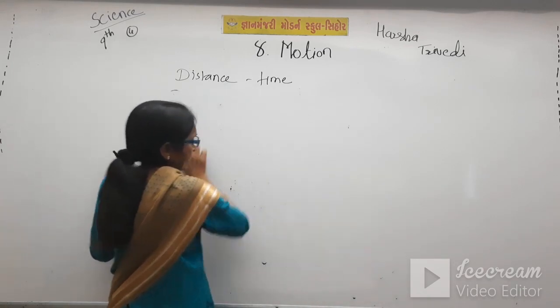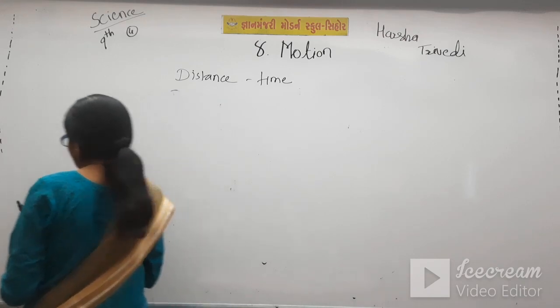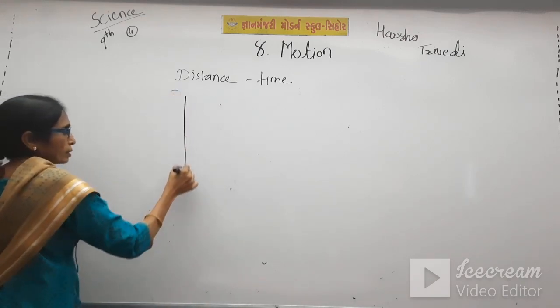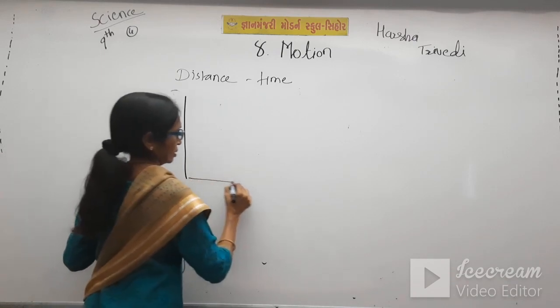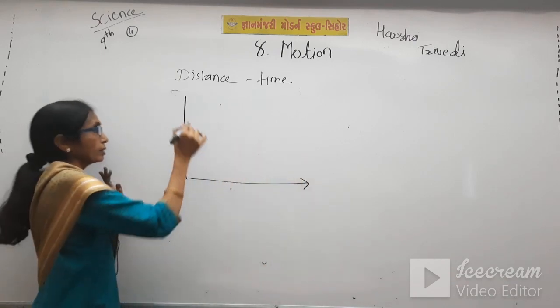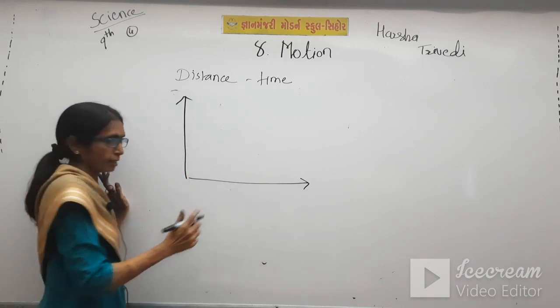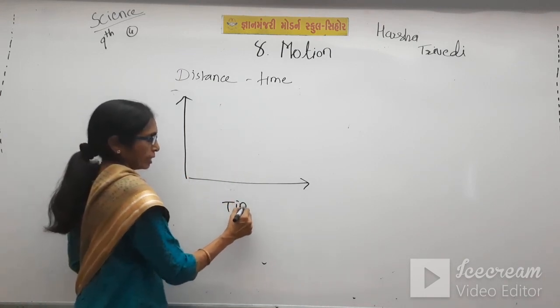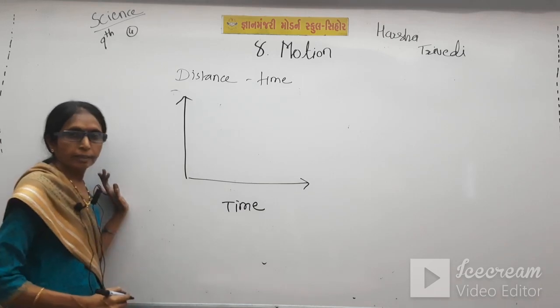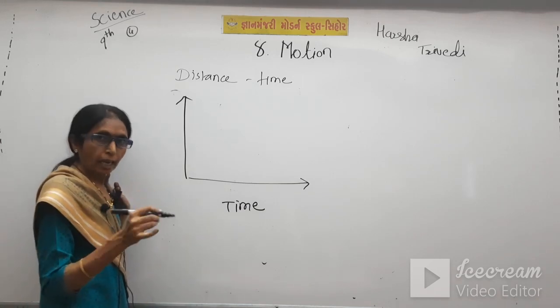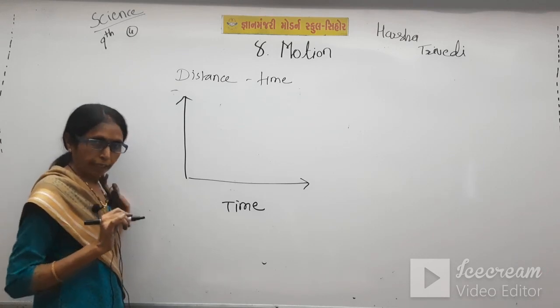If the graph is like this, on the x-axis time is given; it may be in seconds, minutes, hours, whatever you have to take.